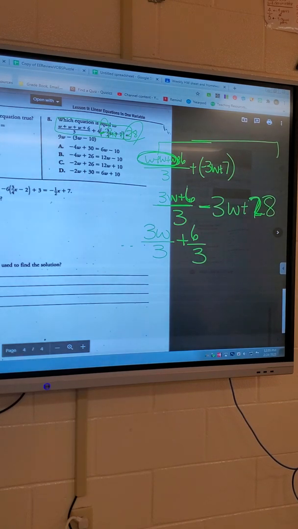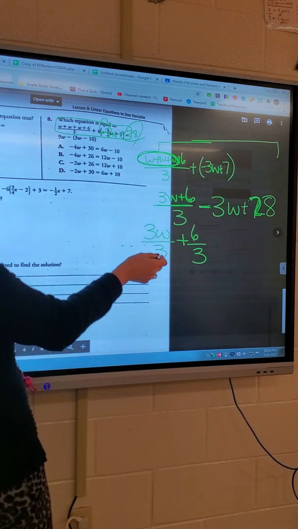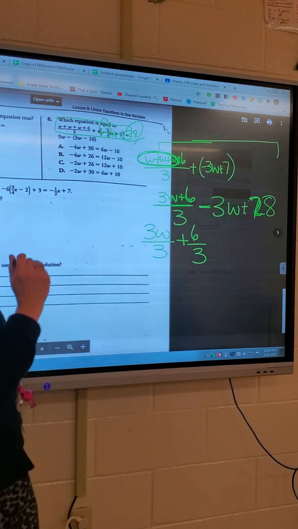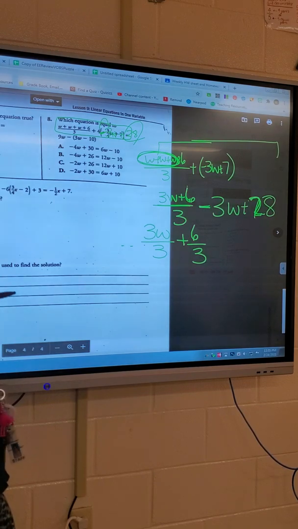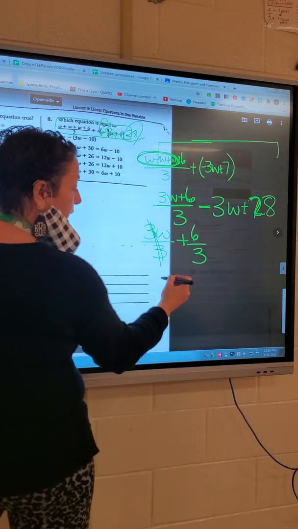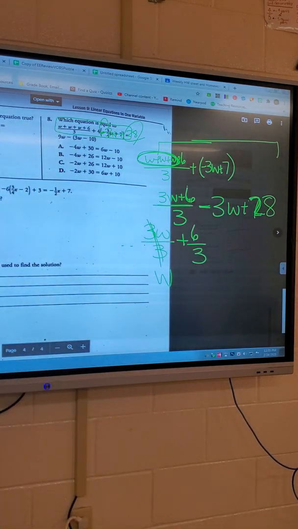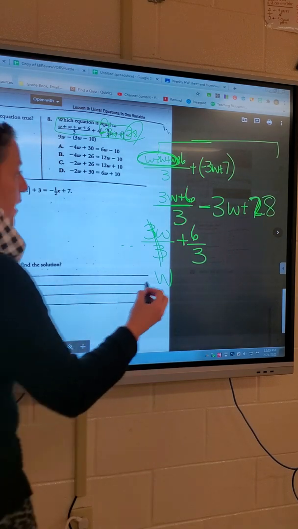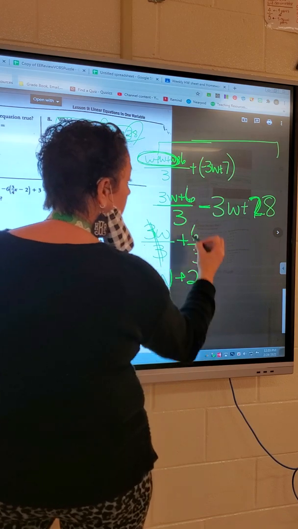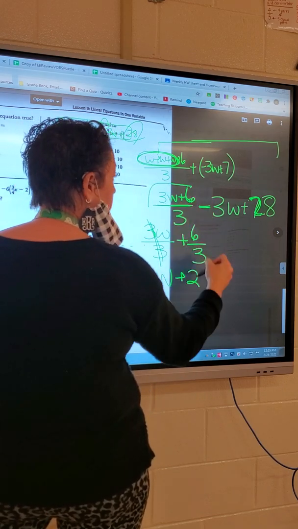The reason for that is because we're fixing to use that 3 to break that on down a little bit more, because look at what we've got now. What we actually have now is 3 divided by 3. What is 3 divided by 3? 1. So that's actually w, right? What's 6 divided by 3? 2. w plus 2. So there's that, w plus 2.